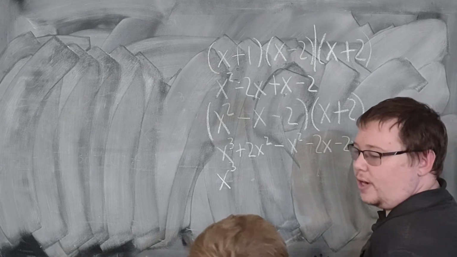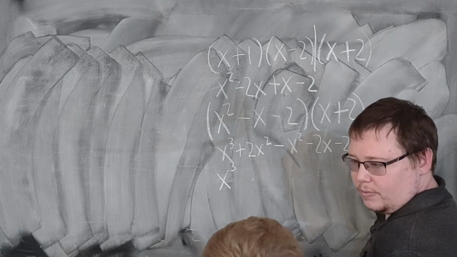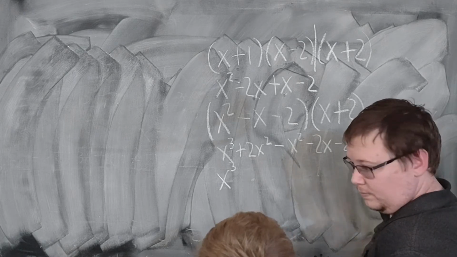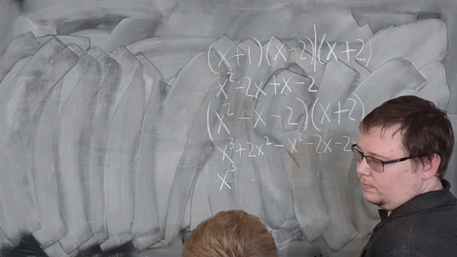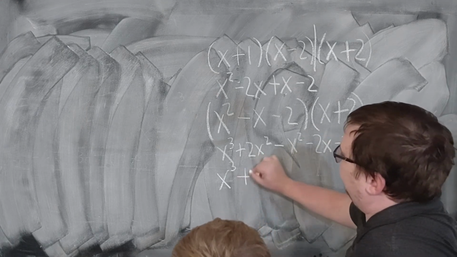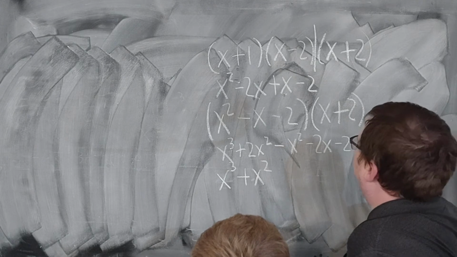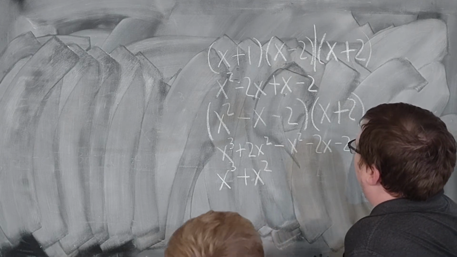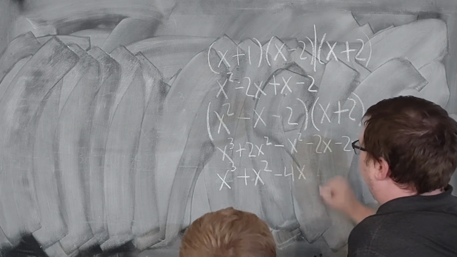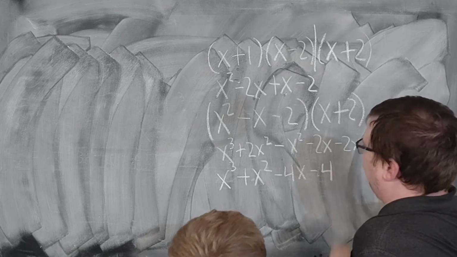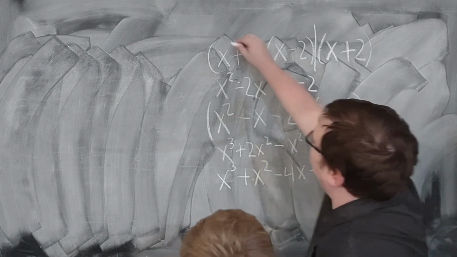So how many do we have overall then? We have one. So plus x squared. Okay? Minus 4x. Minus 4. Sweet.